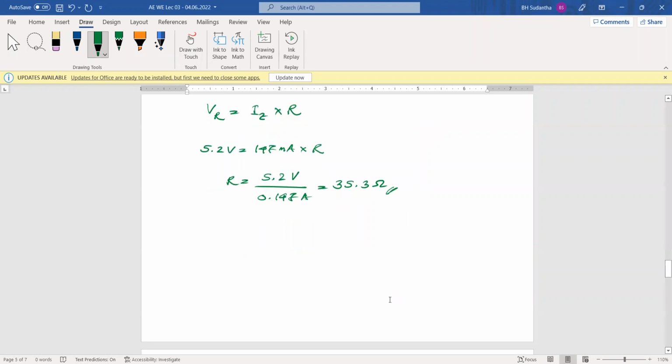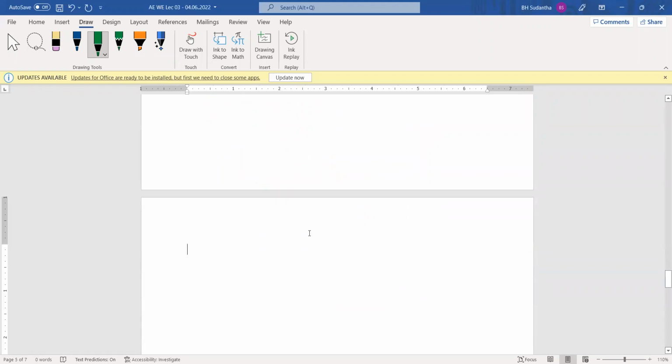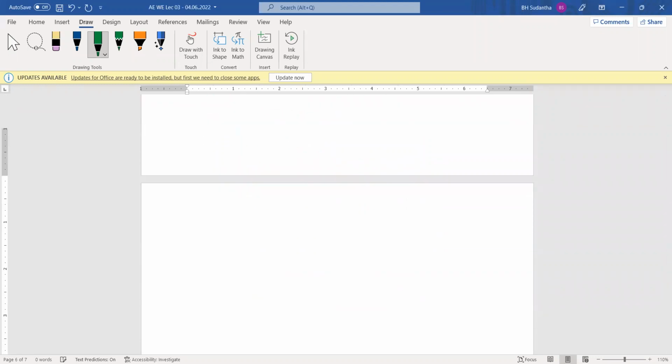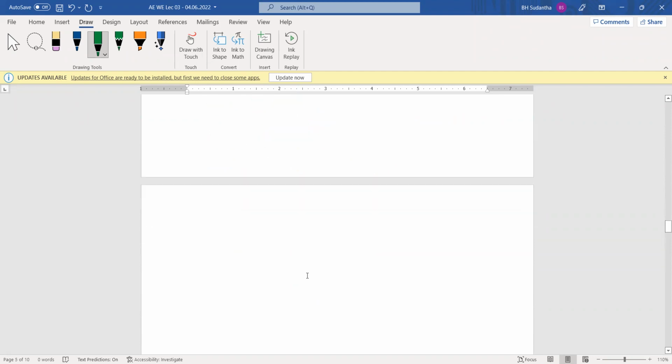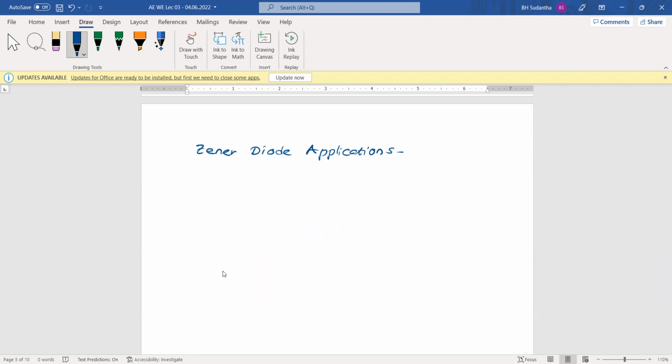Is it okay? Okay, then if it's okay, we can discuss some Zener diode applications. The first application is the voltage regulator.